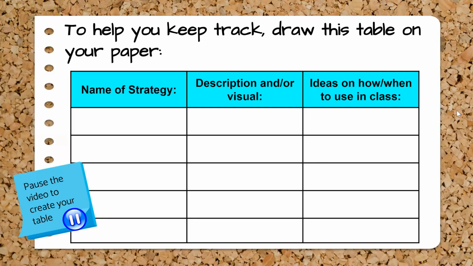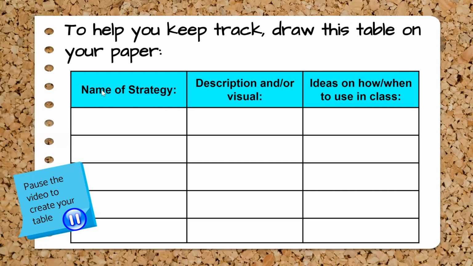To help you keep track of these 5, on your paper, if you would draw a table that looks like this. So it has 3 columns and 5 rows underneath the title row.